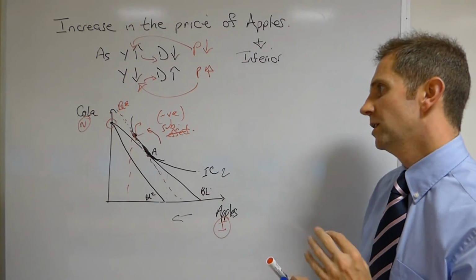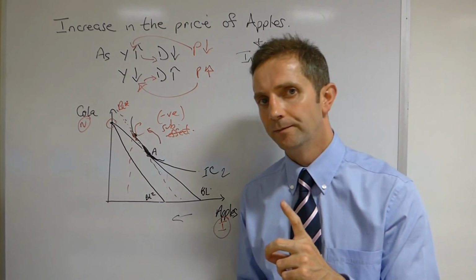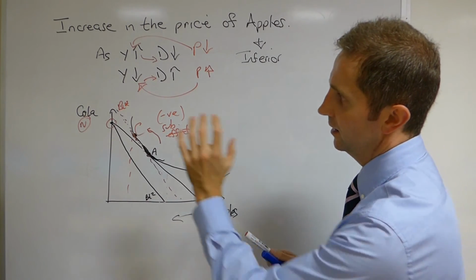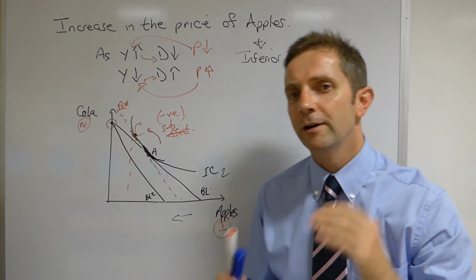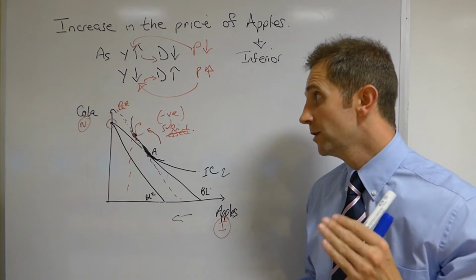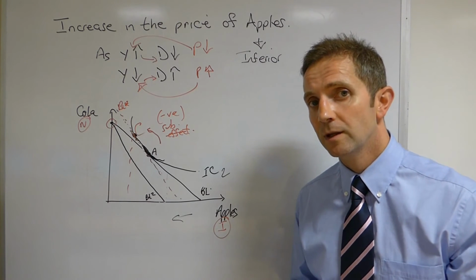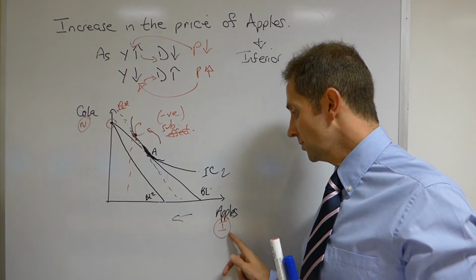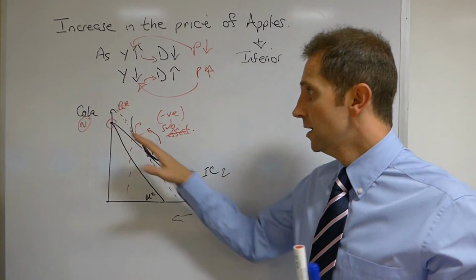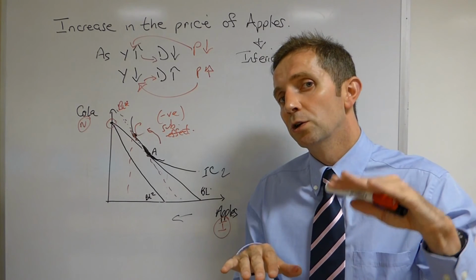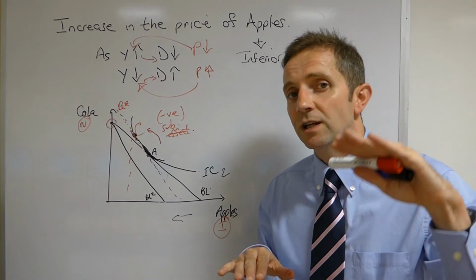Now the next question is, what about cola? We know that our income has fallen, and we also know that cola is a normal good. So not only will we be making allowances for the consumption of apples, but the amount of cola we will consume, given that it's a normal good, will obviously be falling.